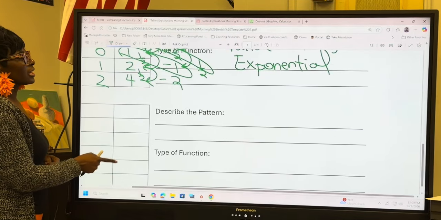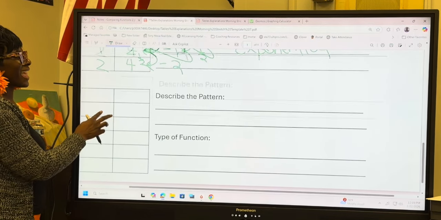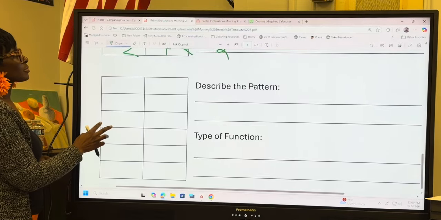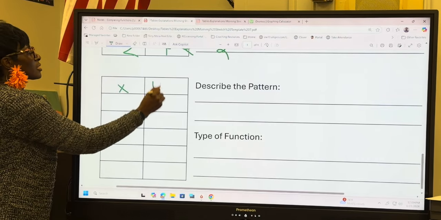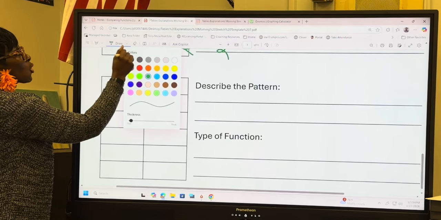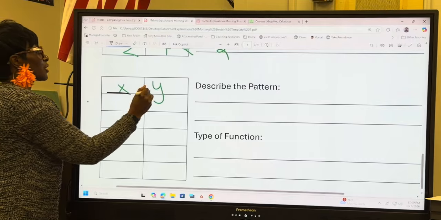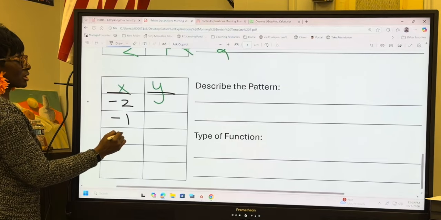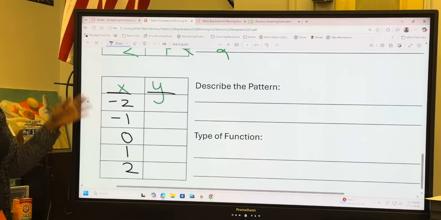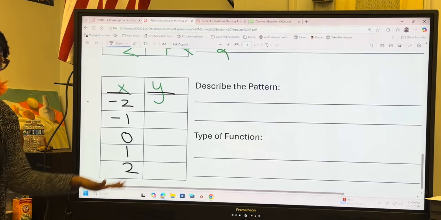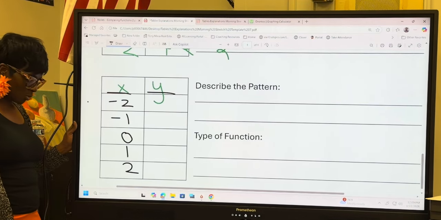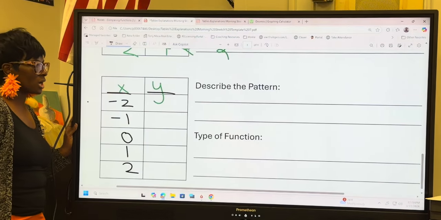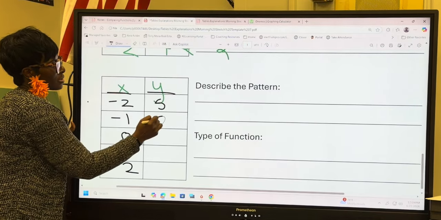All right. Now let's talk about this last one. All right. So what do we have here? -2, -1, 0, 1, 2. Again, we got these same numbers increasing by 1. But now if we look at these y's, tell me what the range was. 5, 2, 1, 2, 5.